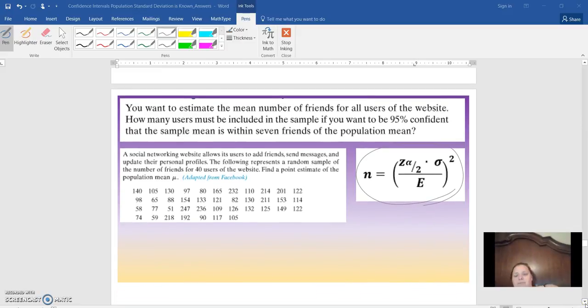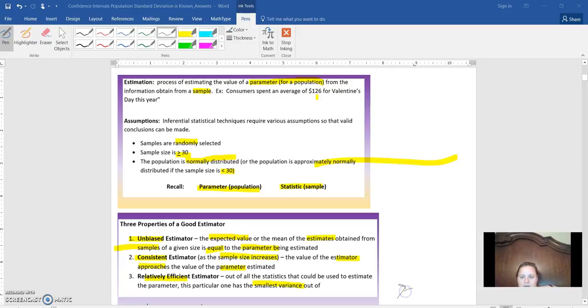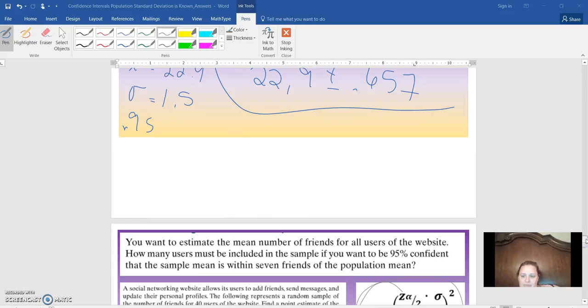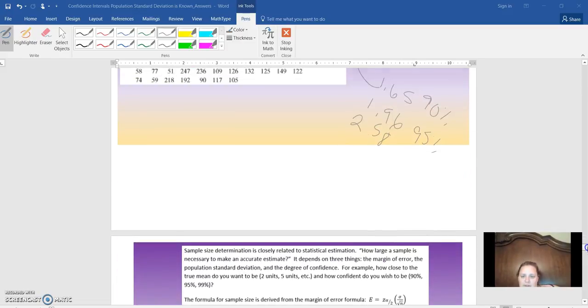All right, so let's look here. This is the formula. The z alpha over 2 is either 1.65, 1.96, or 2.58, depending on whether it's 90%, 95%, or 99%.